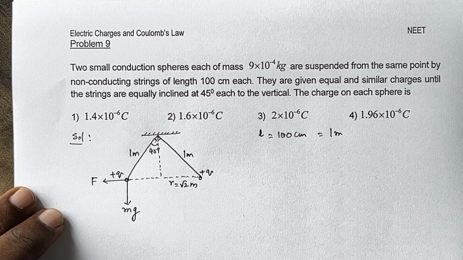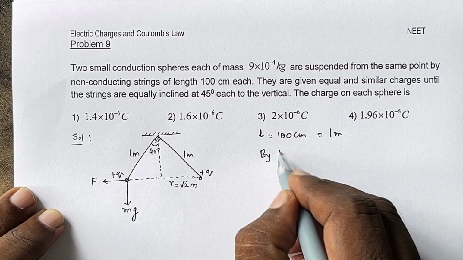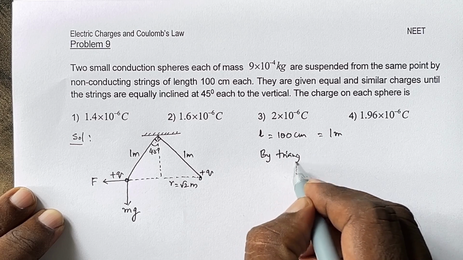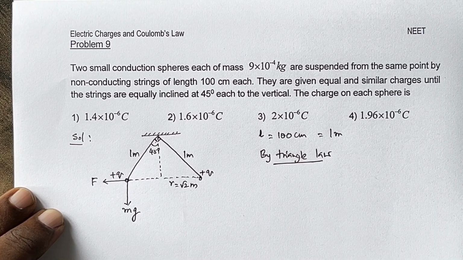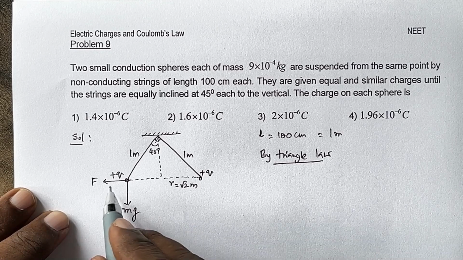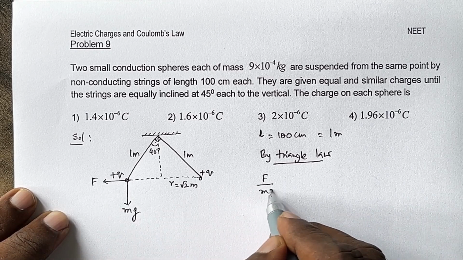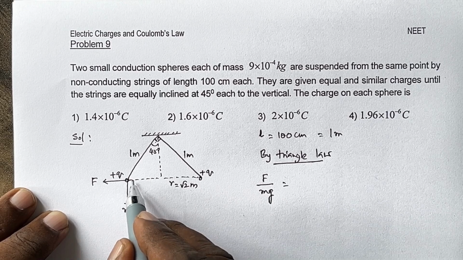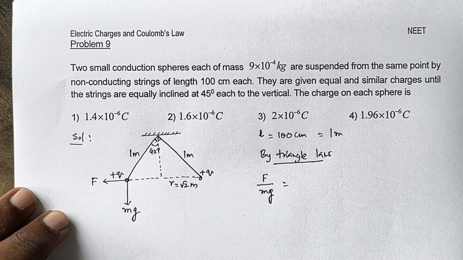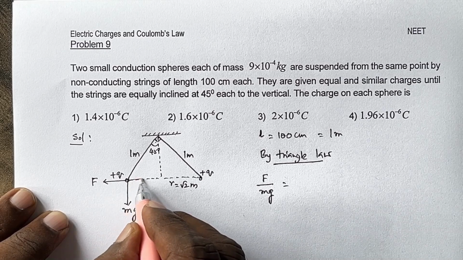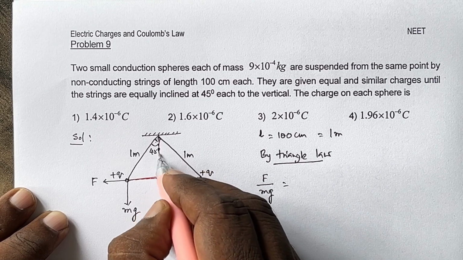So by the triangle law of vectors, F can be represented by this side of a triangle and mg by this side of the triangle.